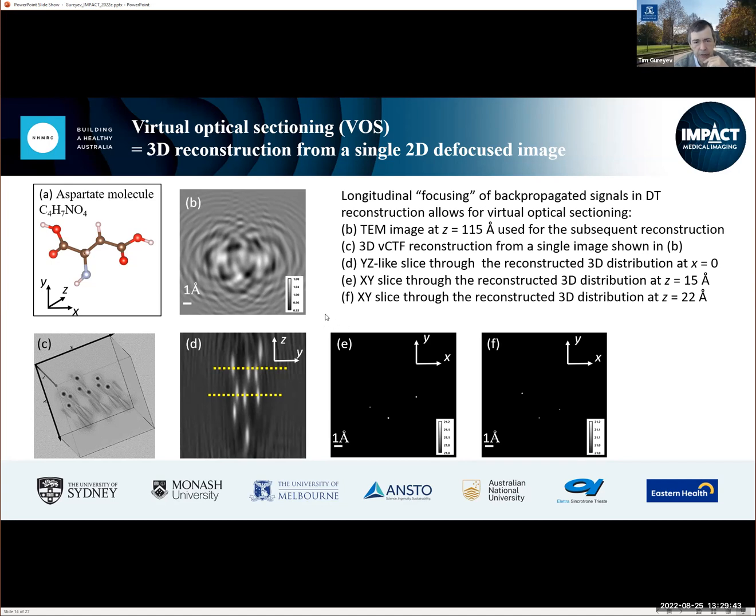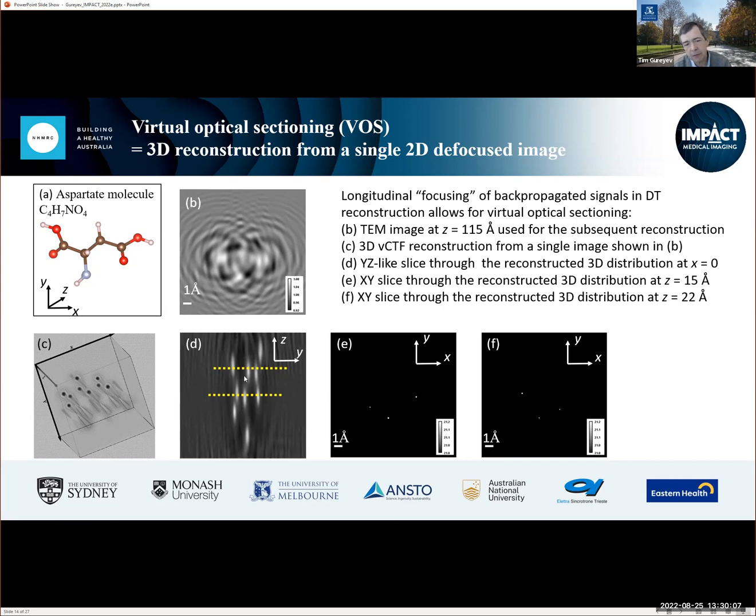But just look at that. I think it's interesting in itself. So we are imaging a molecule here. That's a single two-dimensional image. And that's a three-dimensional reconstruction using the method that I'm about to describe in detail. The three-dimensional reconstruction from a single image.